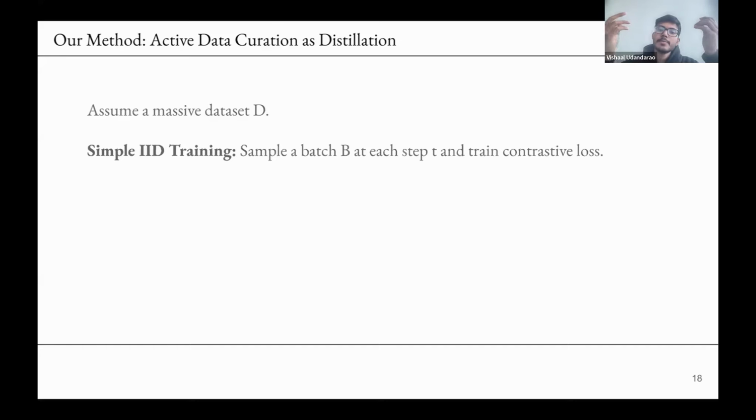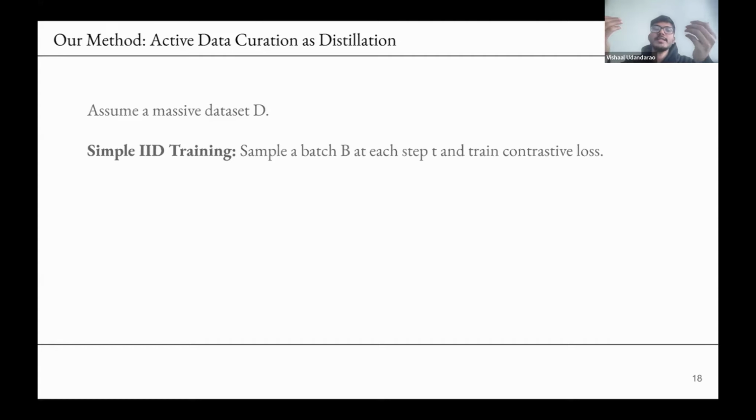So in CLIP, you would essentially train on a softmax contrastive loss, which tries to maximize the similarities between paired image-text samples while minimizing the similarity between unpaired samples.